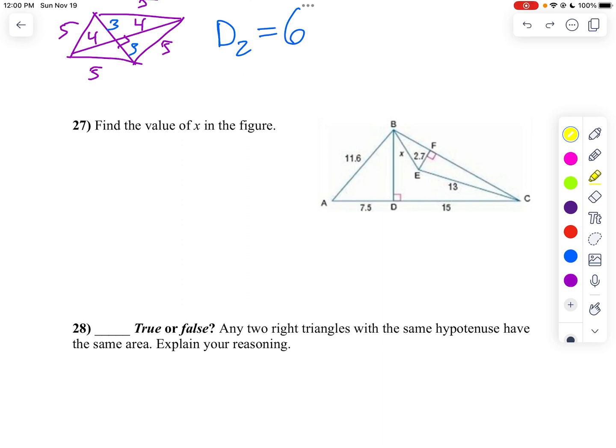Yes, I can find that by looking at this triangle here. So in that triangle, my hypotenuse is 11.6. So I'm going to say 11.6 squared equals 7.5 squared plus, we'll say, BD squared.